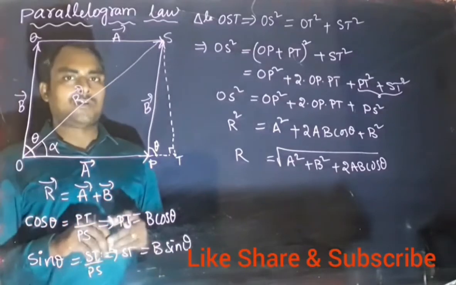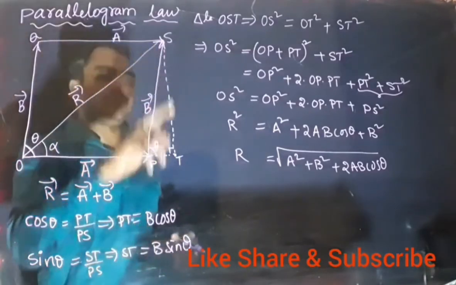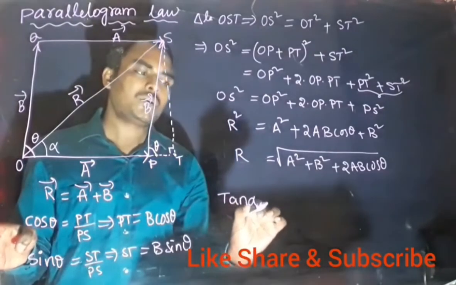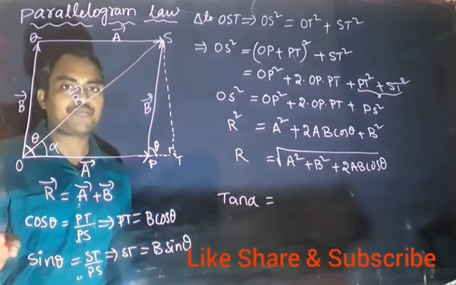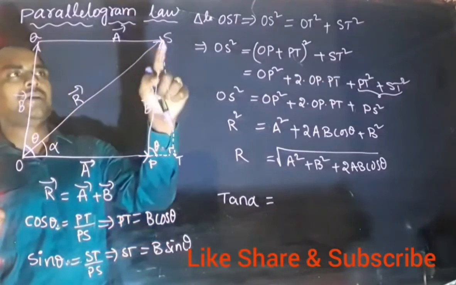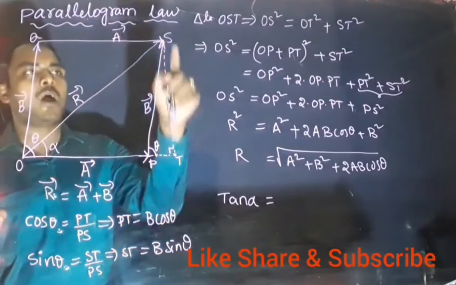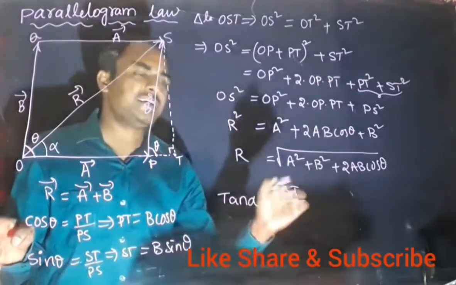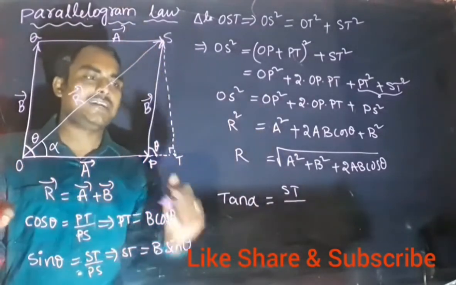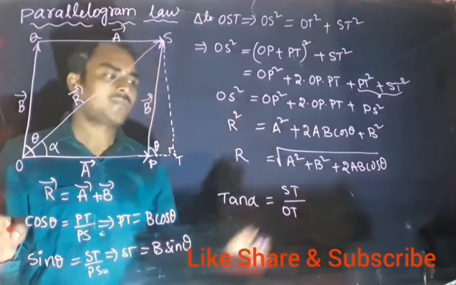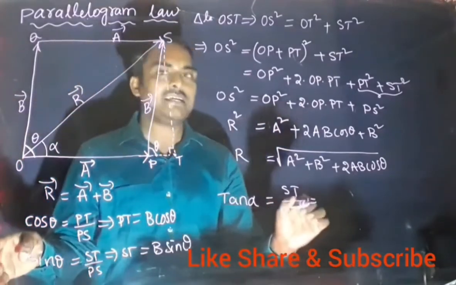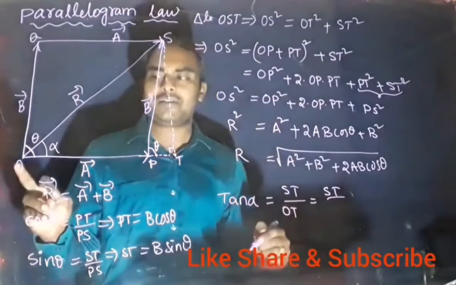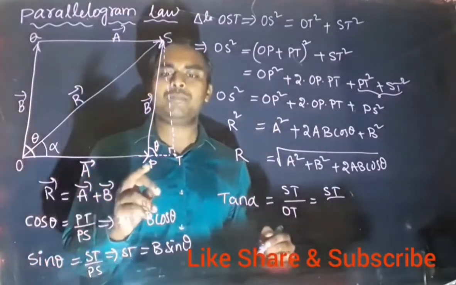Let us find alpha. From the big triangle, let us write tan alpha. Tan alpha equals the opposite side ST divided by the adjacent side OT. OT can be written as OP plus PT.